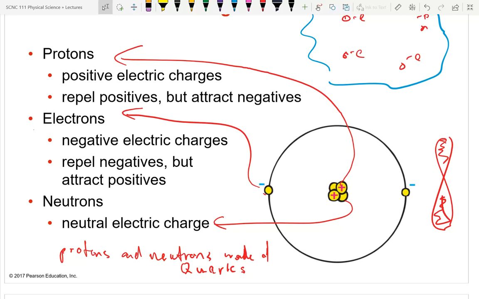Just wanted to point out that this is kind of a simplistic view, but if you would go back 100 years, this would have been a very complex view. It was about 100 years ago, 115 years ago, when this planetary model of the atom was invented.